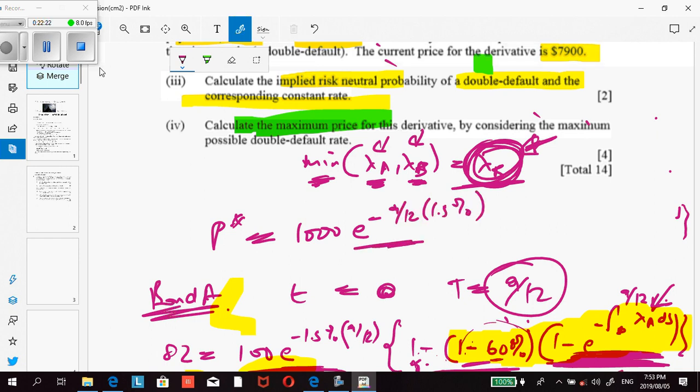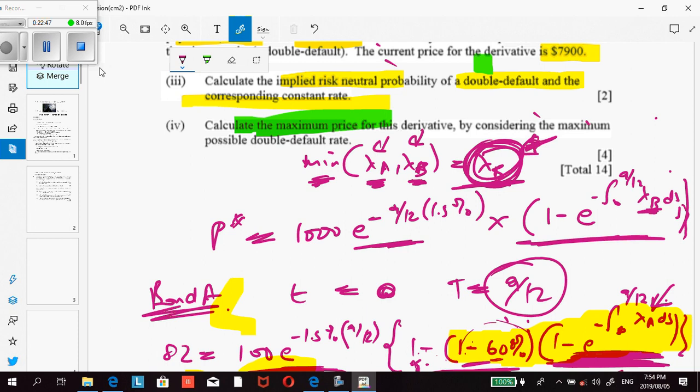So this is your discount factor multiplied by the probability of default, but we see that the maximum price will occur when we have the transition intensity for B. You do have this.